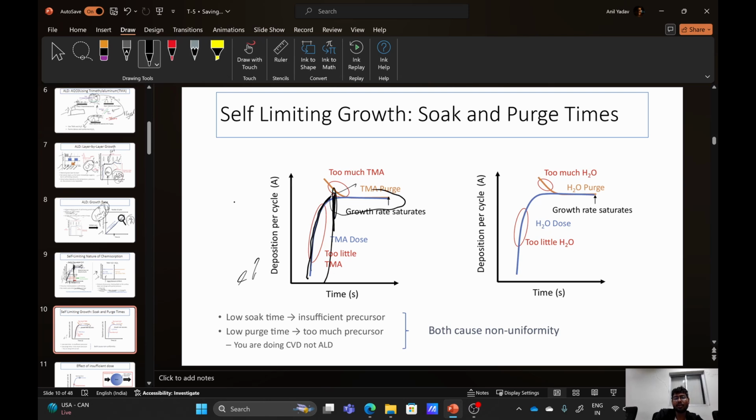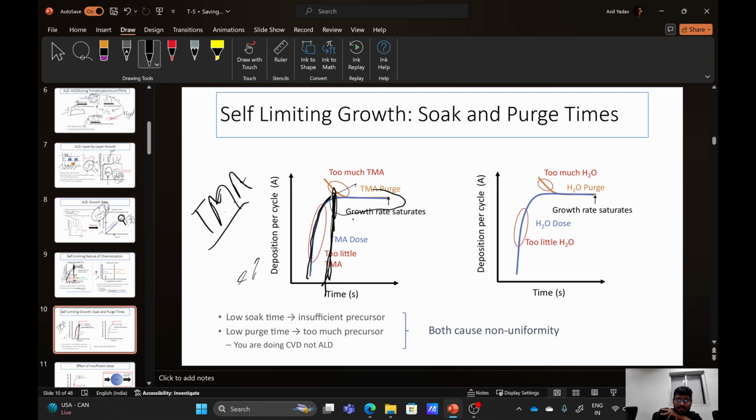After this should be your soak time, or your dosage time, for precursor 1, which for aluminum is TMA.